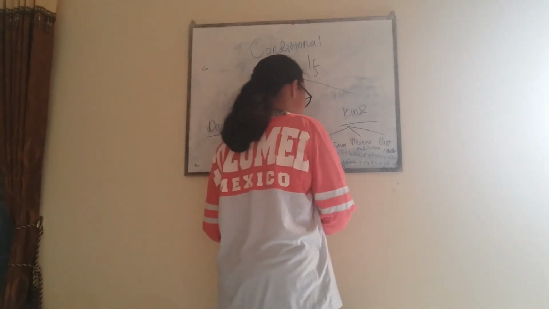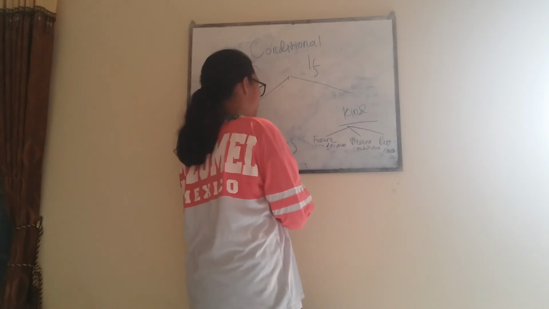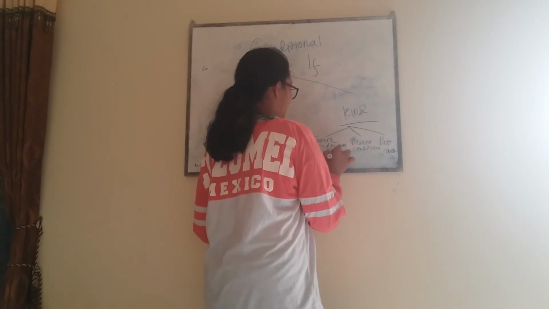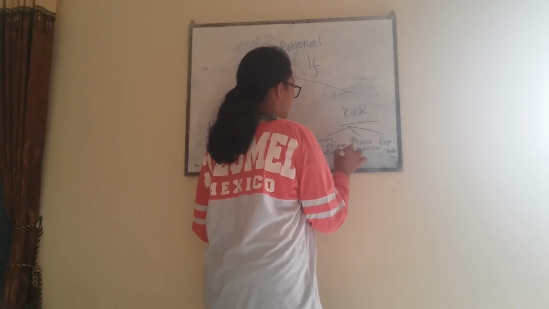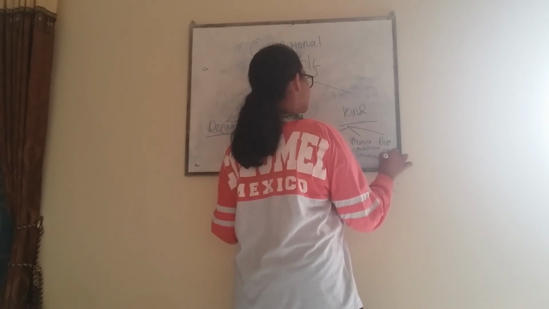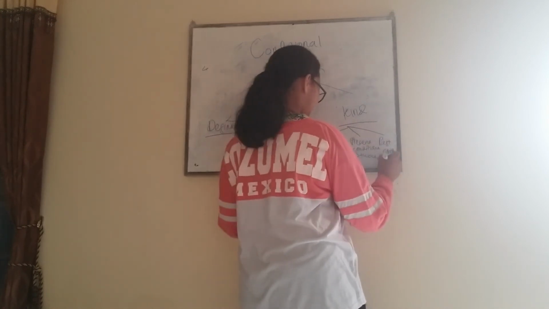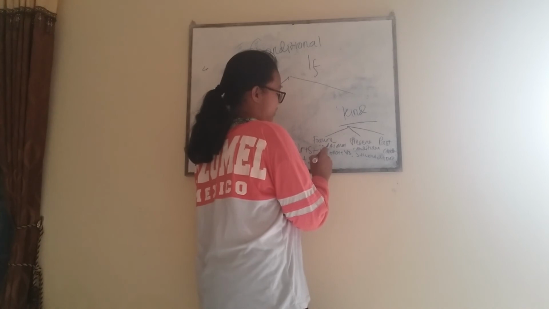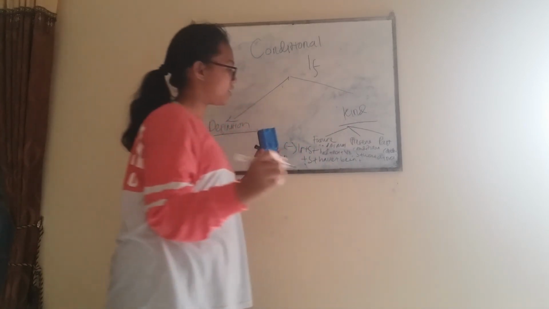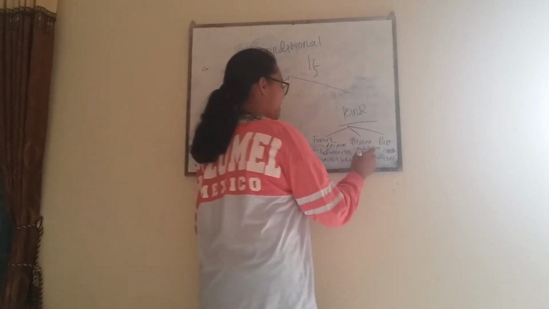And now we go to the negative pattern. The negative pattern is if plus subject plus had plus not plus verb 3, comma subject plus would plus not plus have plus been plus predicate complement.